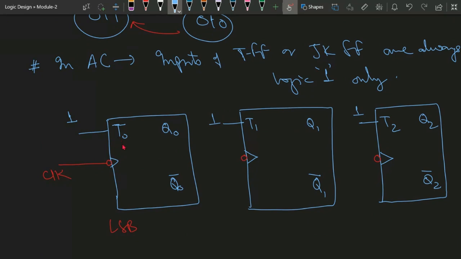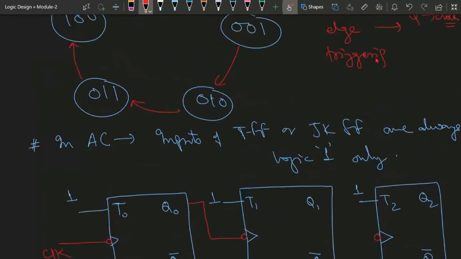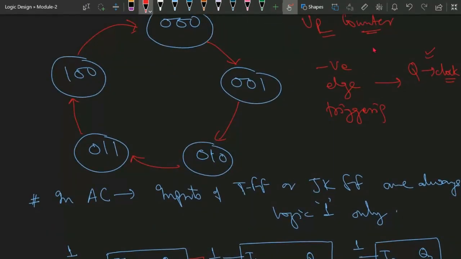The LSB flip flop will have the direct clock connection, and the other flip flops' clocks will be connected to the Q output of the previous one. If we connect it with Q, it will be an up counter.